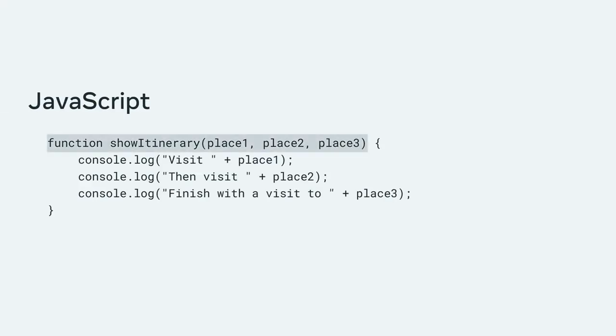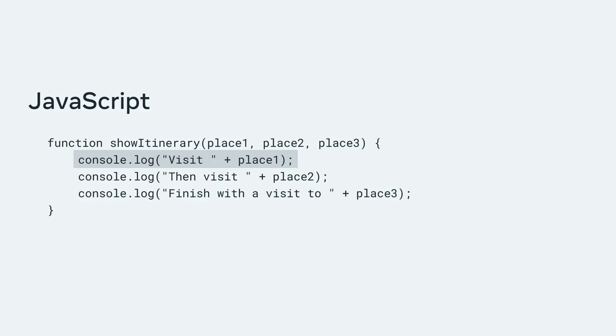Now I write a function that lists these 3 attractions. To keep it simple, I just log it into the console. I create a function and I name it showItinerary, with 3 arguments: place1, place2, place3. Now I console log the 3 places to visit by typing console.log and then the string "Visit", and the first argument, place1.